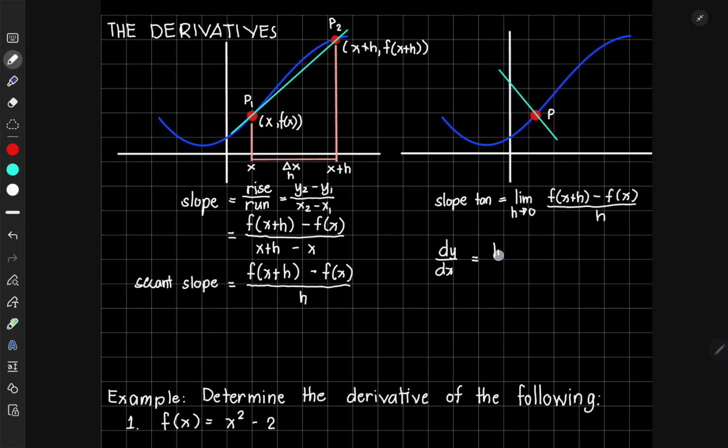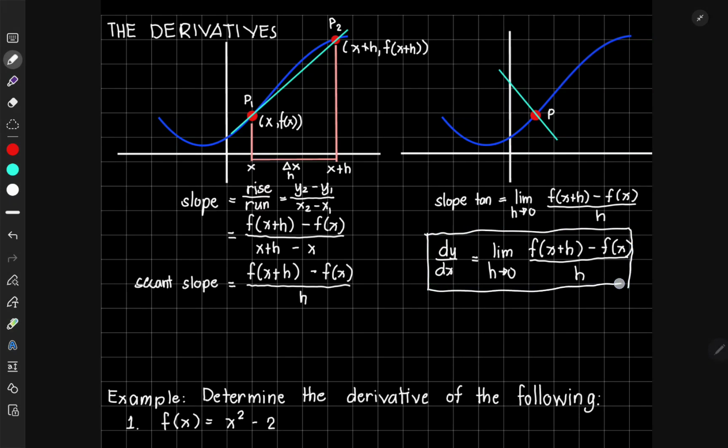So, this is also equal to the limit of f of x plus h minus f of x all over h as h approaches 0. So, ito yung definition ng ating derivative. So, we can determine the derivative using this definition of derivative. So, meron pang mas easy na methods or basic formulas, pero we will discuss that in the next topic. So, ito muna yung gamitin natin to get the derivative of the function.